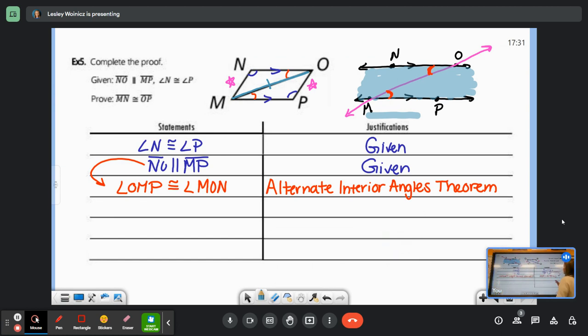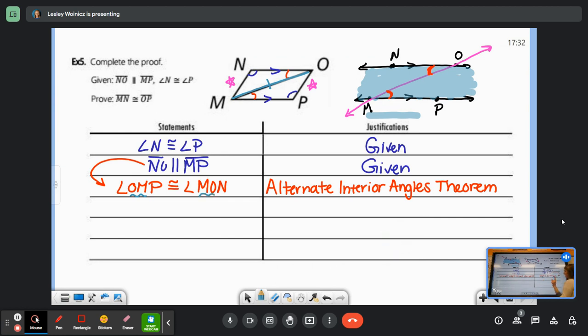So let's think about this. It'll be triangle MNO, MON, ONP. Okay, look at this. Do you see how for the segment MO, the order is different?